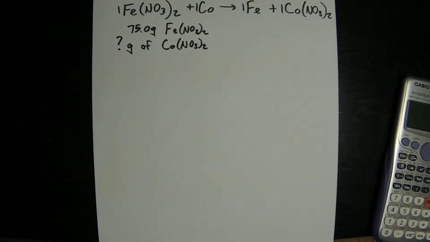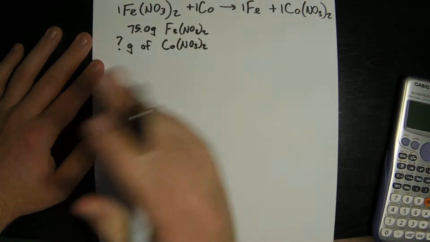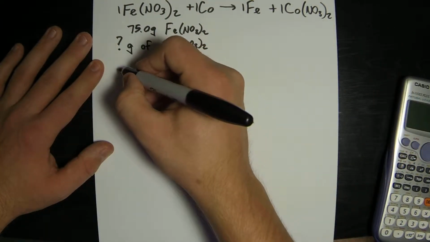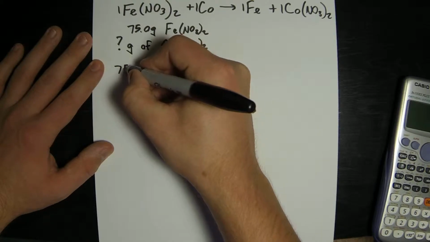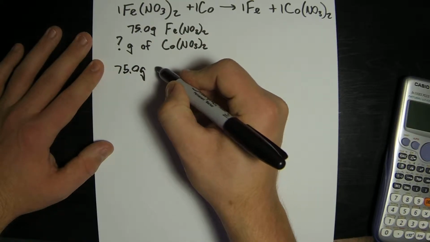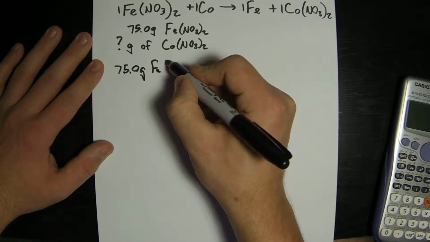Okay, so we can start off. We're first going to need to come up with some molecular masses, but well, we don't have to. Let's just, well, we will. I'm just going to get started here. Okay, so start with what we're given. So we've got 75 grams of iron nitrate.